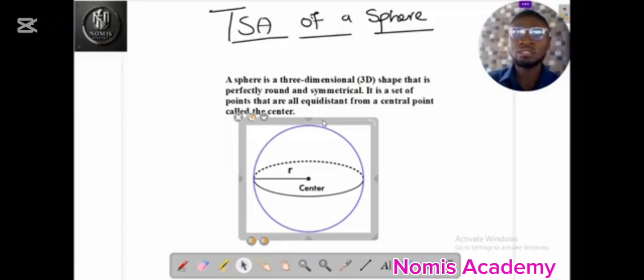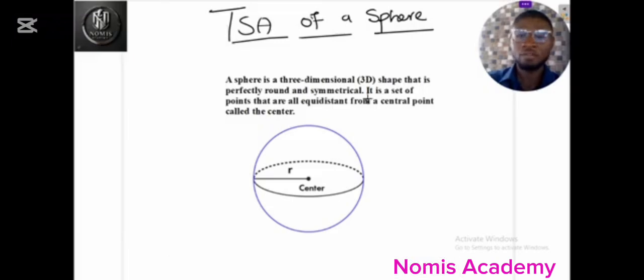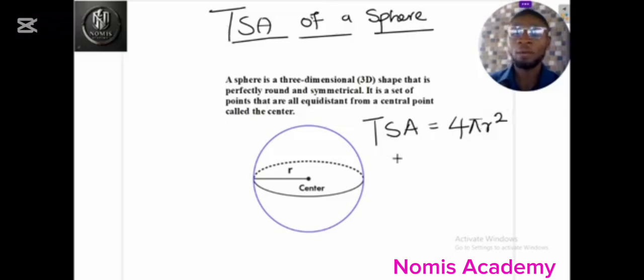These circles that could make up the sphere are integrated into the formula: total surface area equals 4 pi r squared.